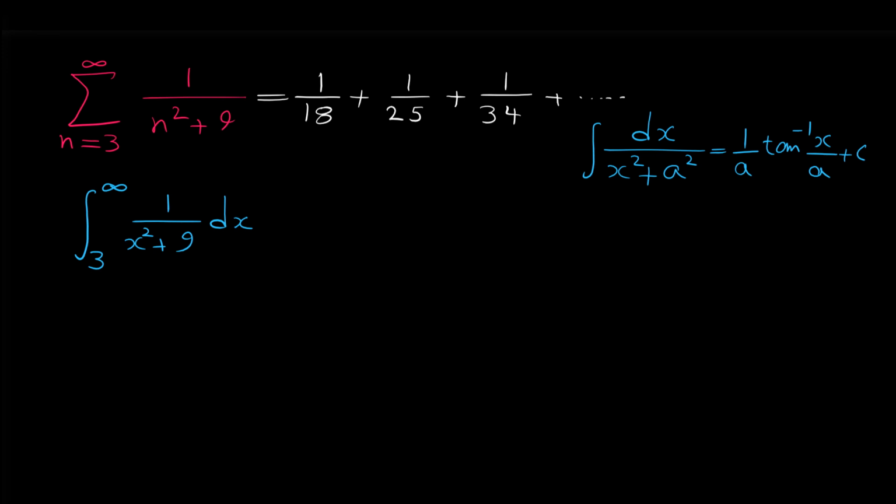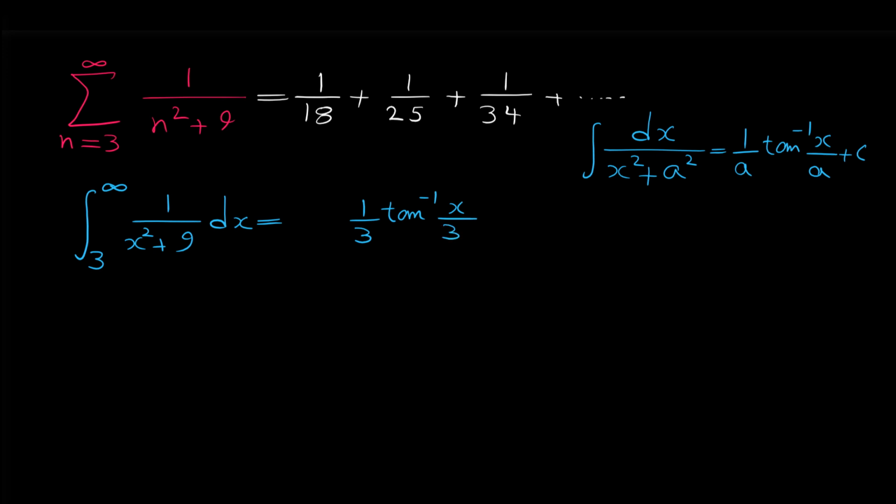Note that here a squared is 9, and so a is 3, because 9 is 3 squared. So this integral equals 1 over 3 tangent inverse of x over 3.